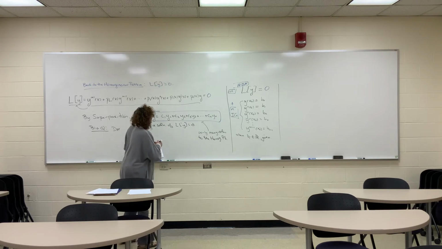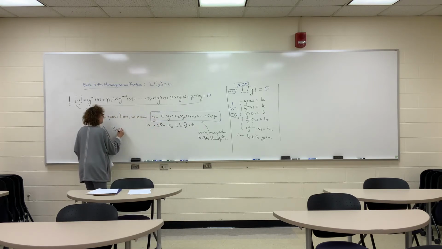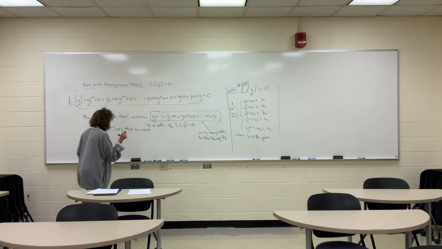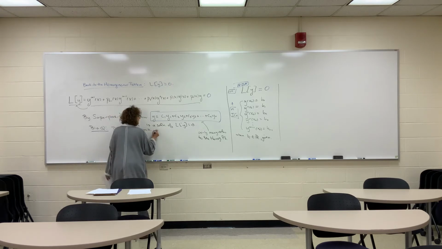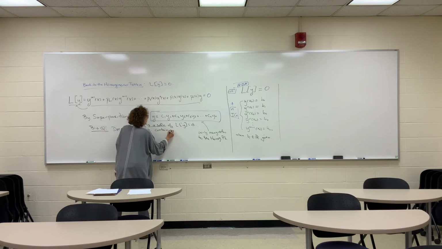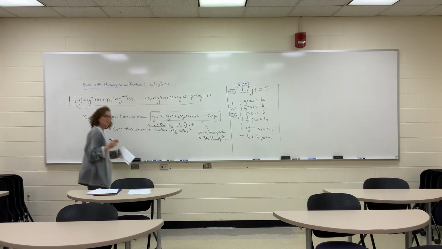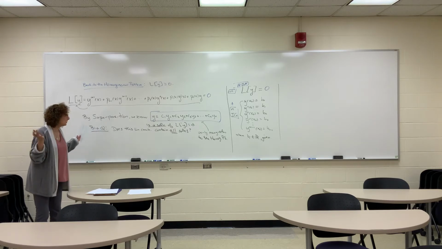Does this linear combination contain all of the solutions? We know it is a solution, but does it contain all solutions? That's our question. If it contains all solutions, we're golden.